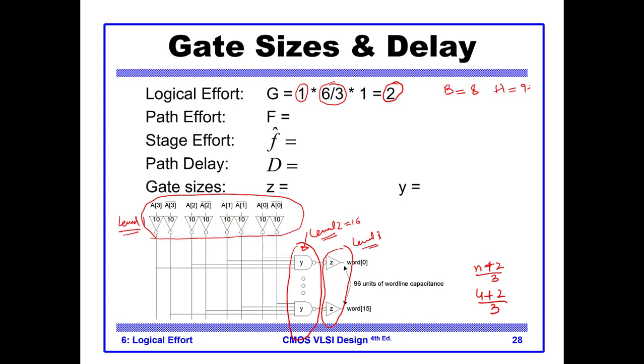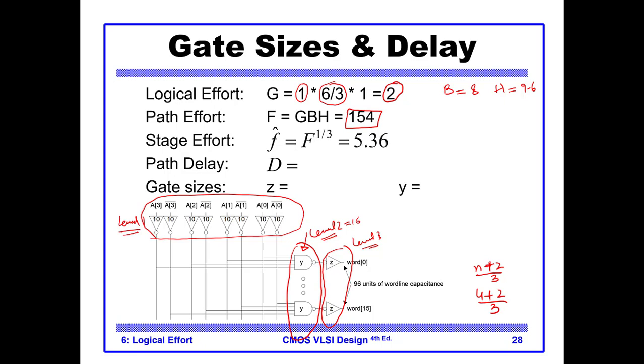and we already know the branching effort of 8 and H of 9.6. So we put all these things into this equation and we get 154. So now the total path effort, capital F, is 154.